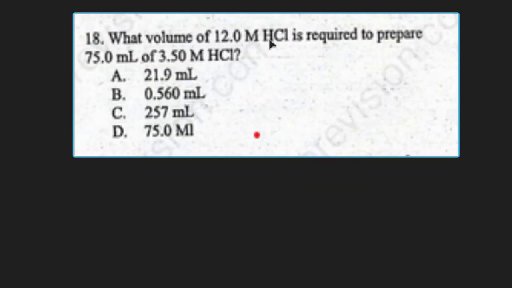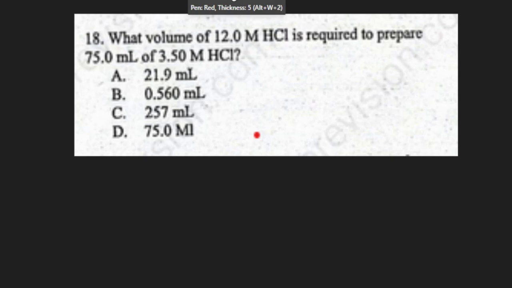Question 18. What volume of 12 molar HCl is required to prepare 75 milliliters of 3.5 molar HCl? This is just dilution, where we say that for a particular solution, number of moles before dilution equals the number of moles after dilution. And in solution, number of moles is given by molarity times volume.